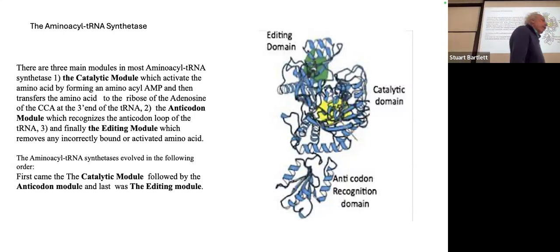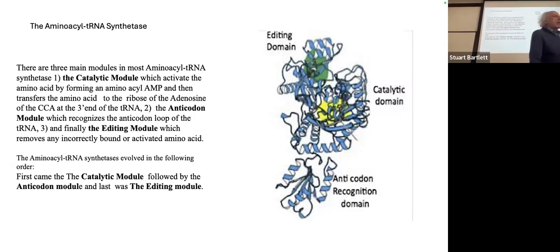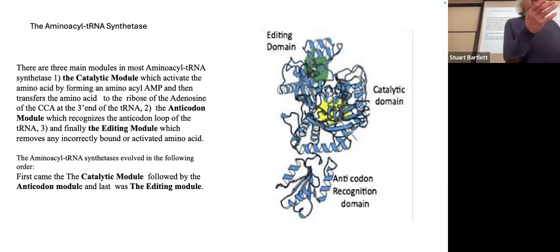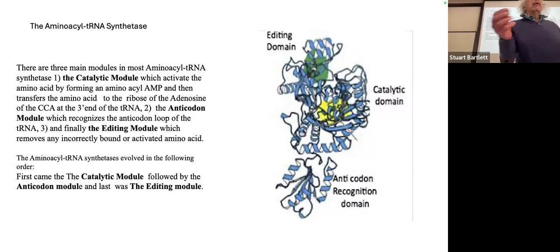And now the question is, how does the synthetase recognize what amino acid to put on the tRNA? That is, you have to recognize the tRNA and the amino acid, put them on together, and the question is, where does that recognition between the tRNA and the synthetase take place?